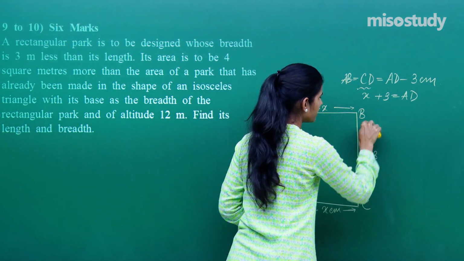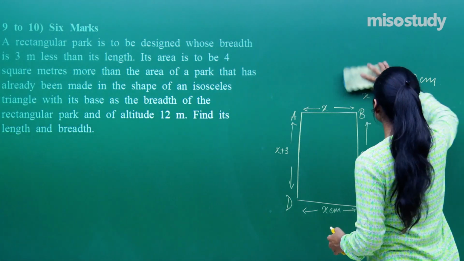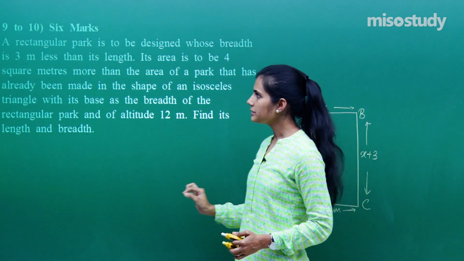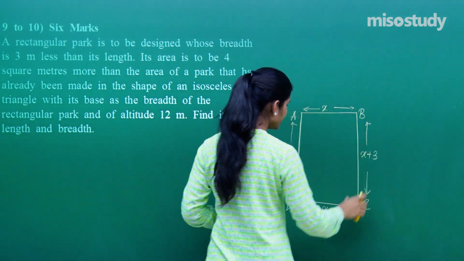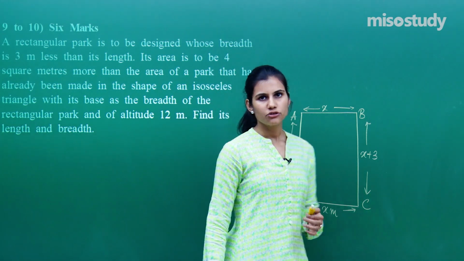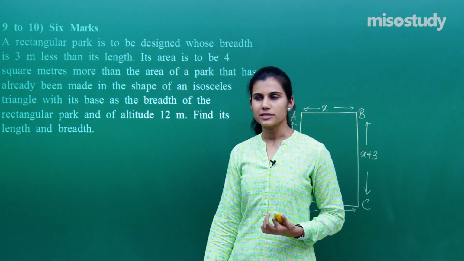This is also x plus 3. It is given that breadth is 3 meters less than the length. So, if breadth is x, length is x plus 3.